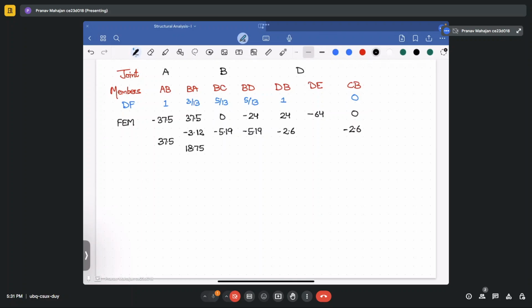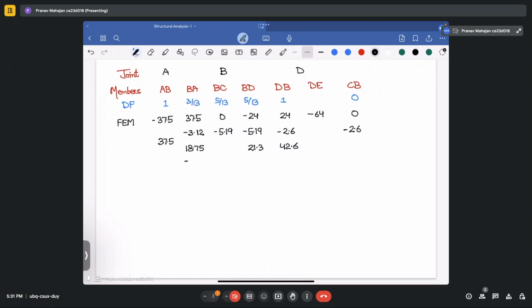Okay, and here it is 42.6. That will become 21.3. Okay, now these unbalanced moments are further divided, so at joint D it will be 21.3 plus 18.75. These are the unbalanced moments.